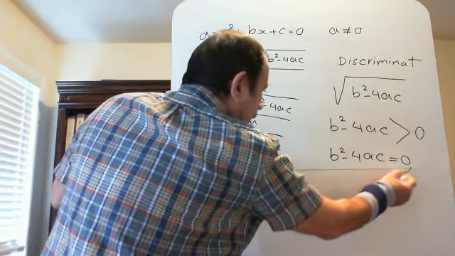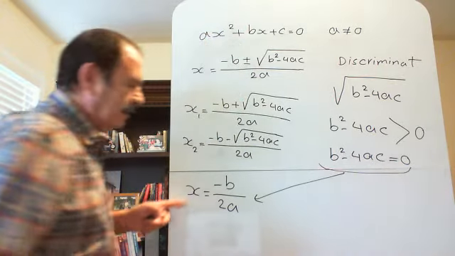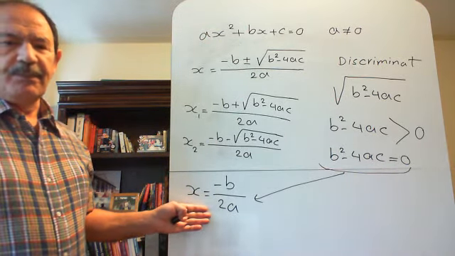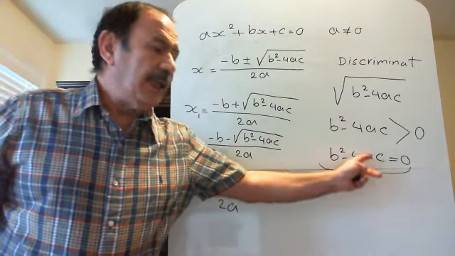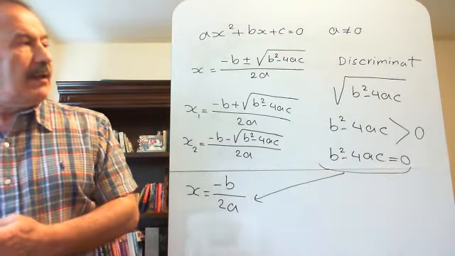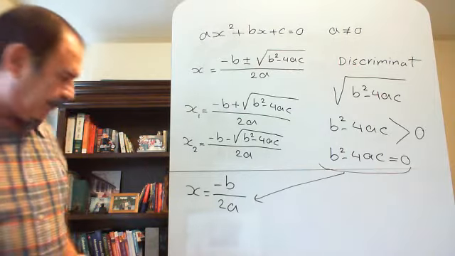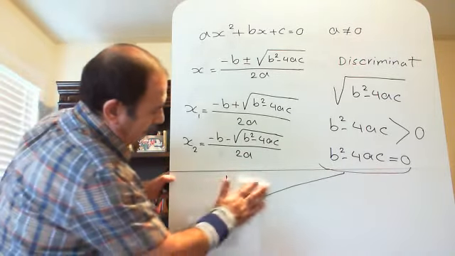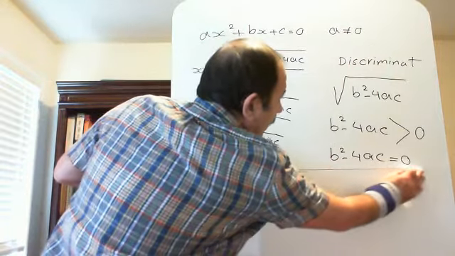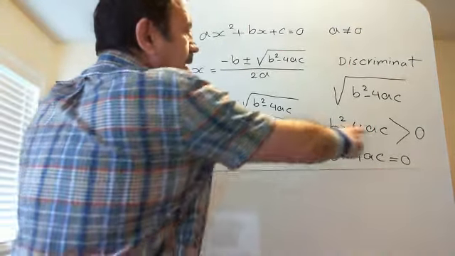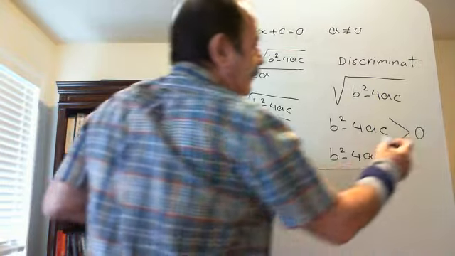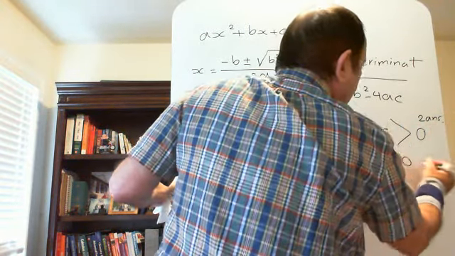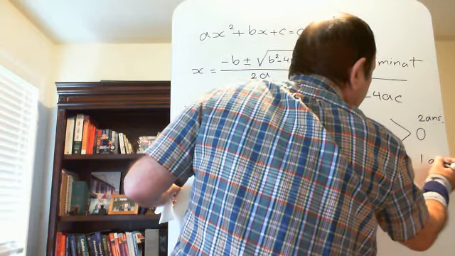If this part is 0, then this is going to be the answer. As you see, we have only one answer. So if the discriminant is equal to 0, the number of answers is 1. Let me erase this part. In this case, we have two answers. In this case, we will have only one answer.